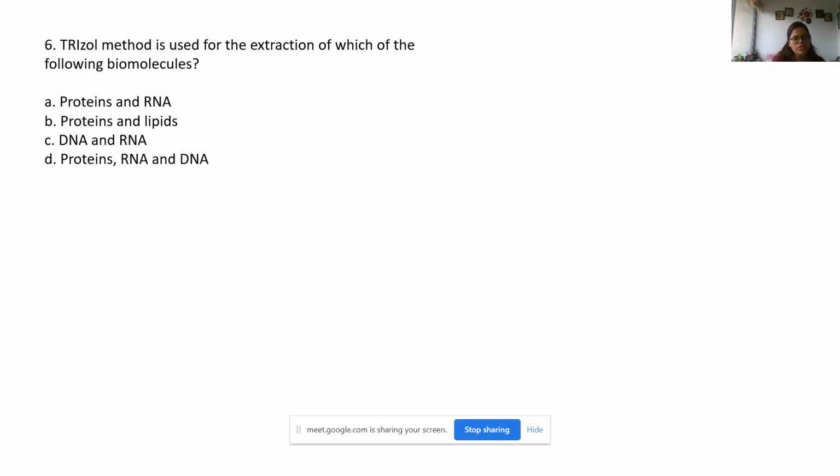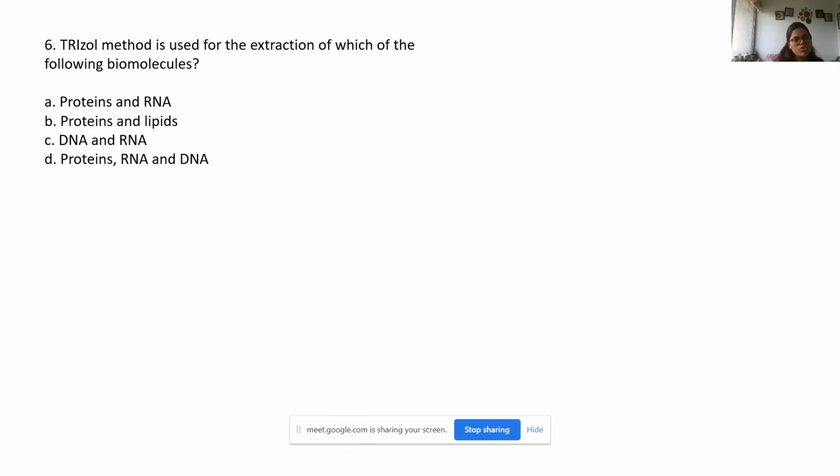So, this is another question. The trizol method is used for the extraction of which of the following biomolecules? Proteins and RNA, proteins and lipids, DNA and RNA, or proteins, RNA, and DNA? Anyone wants to answer for the trizol method?